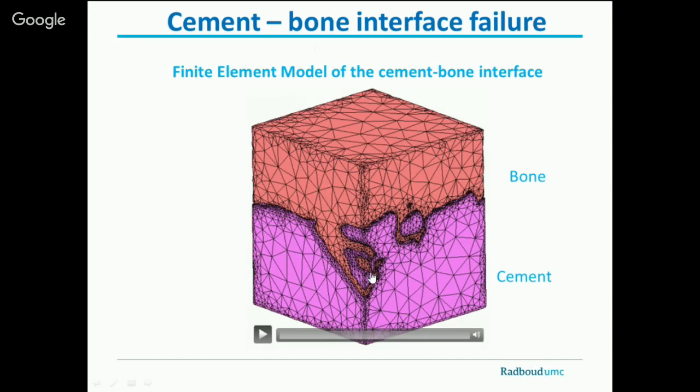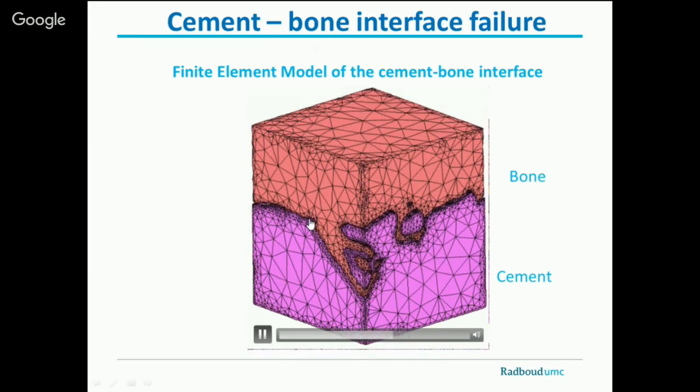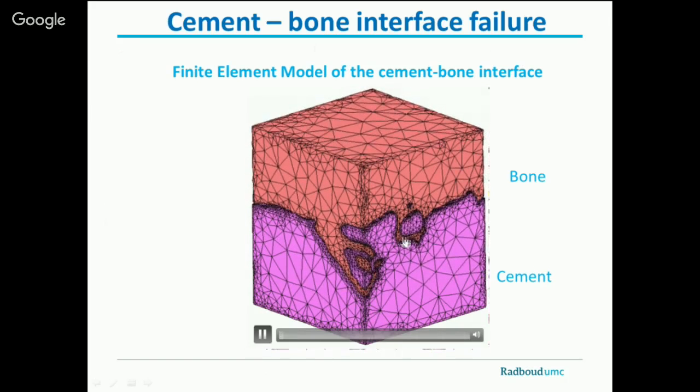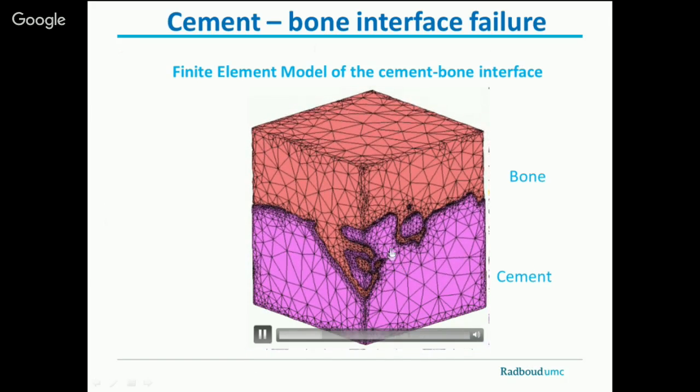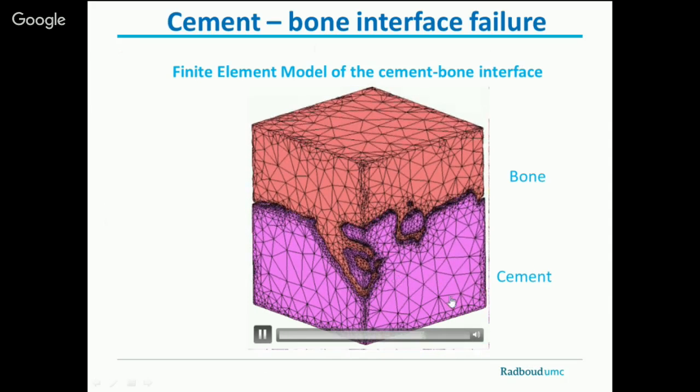These are 7 by 7 millimeters, something like that. So this model is very complex, because it has a huge number of elements, and it is not a linear model because it has an interface. And you can see that the cement grabs hold of the bone because it's penetrated, and it's very complex. You can imagine that.